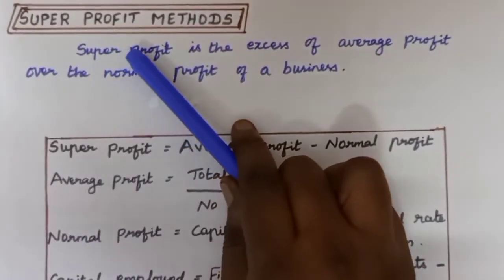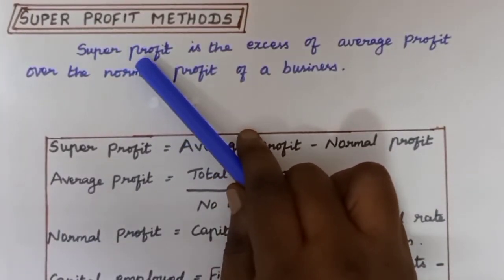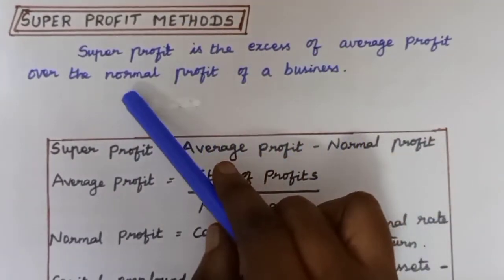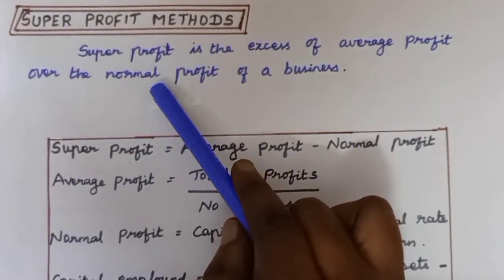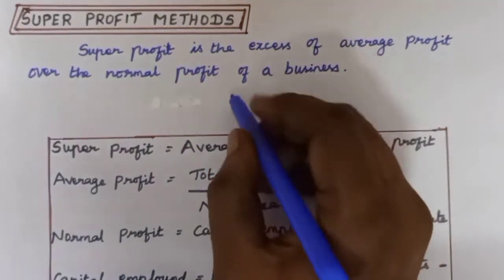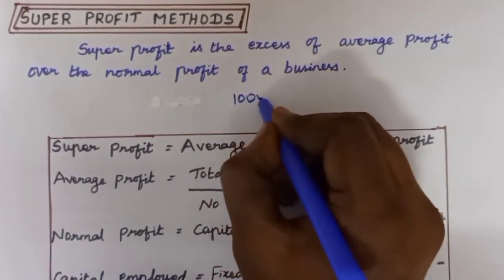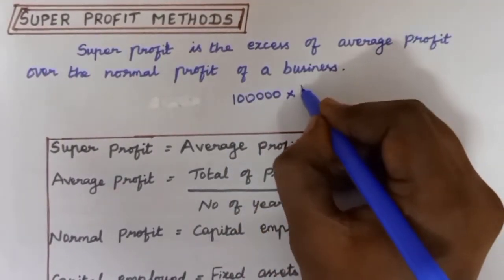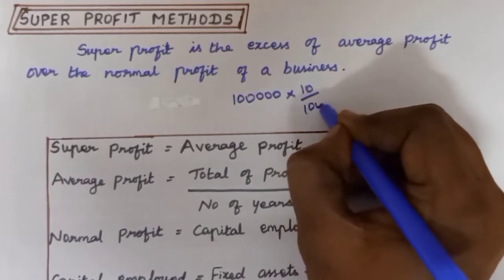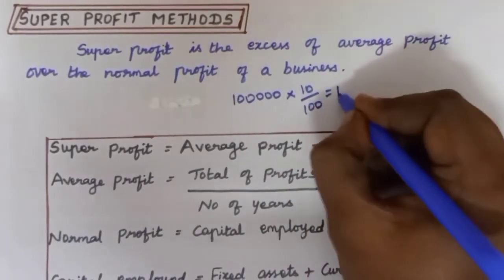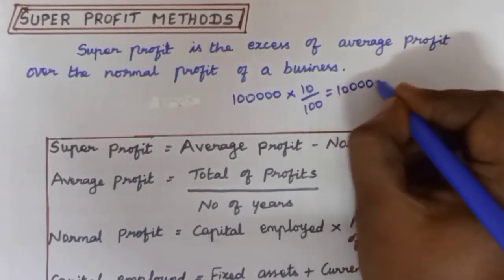Let us first understand the meaning of super profit. Super profit is the excess of average profit over the normal profit of a business. For example, in a business a person invests rupees 1 lakh and expects a normal rate of return of 10% per annum. How much will he get? He will get 10,000 rupees as profit.